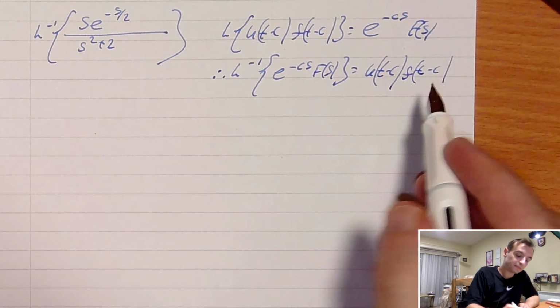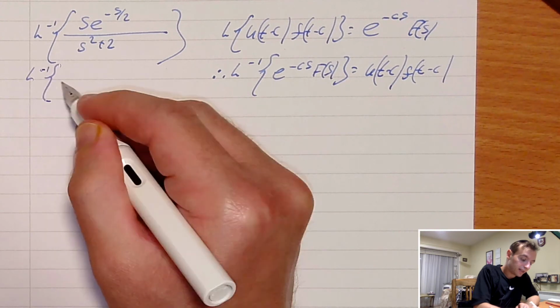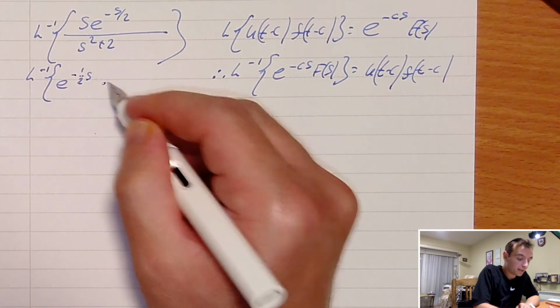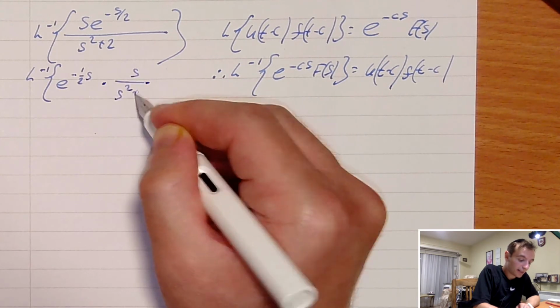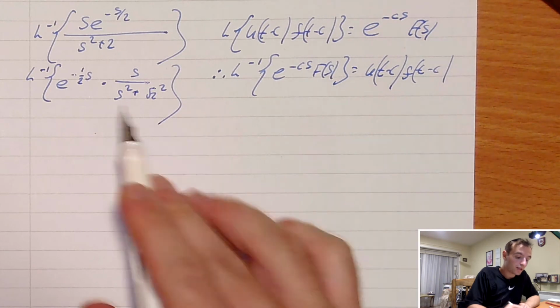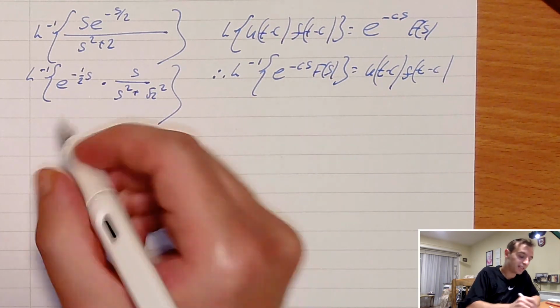So I can now rewrite this as e to the minus a half s times s on s squared plus root 2 squared. Always get it in the square form in the denominator, because then it makes the inverse transform much easier.